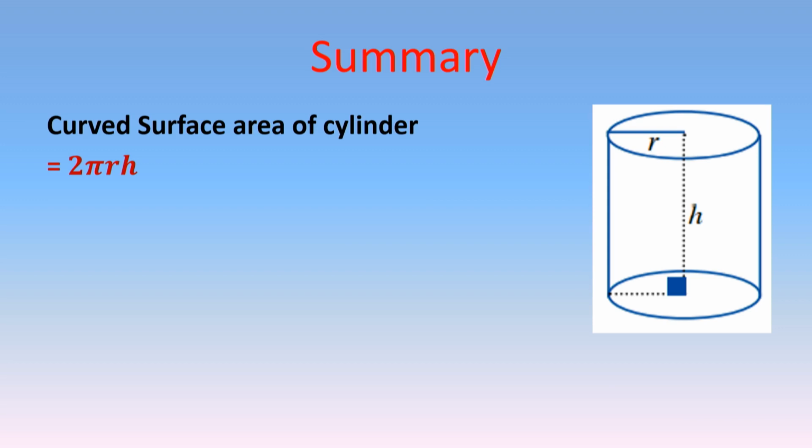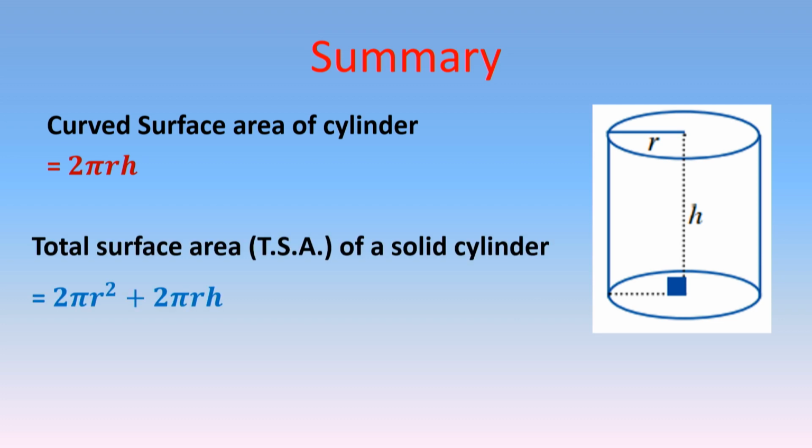So in today's lesson, we have learned how to find the curved surface area of cylinder, which is given by 2πrh, and the total surface area of a solid cylinder, which is given by 2πr² plus 2πrh.